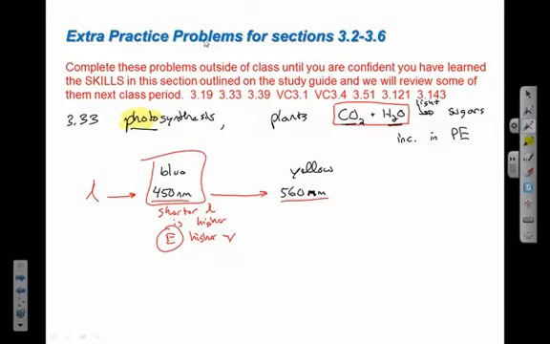If I'm above the threshold, electrons will start coming out. If both wavelengths, so let's say both of these are high enough energy to be above the threshold, they're both capable of knocking electrons out of that atom.